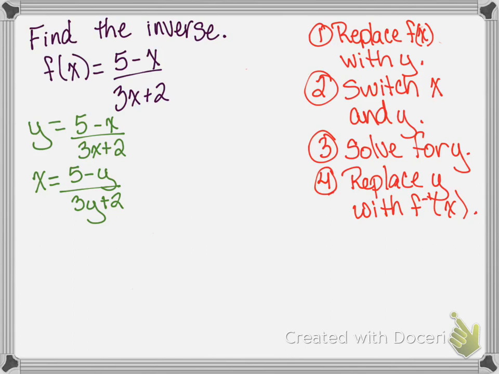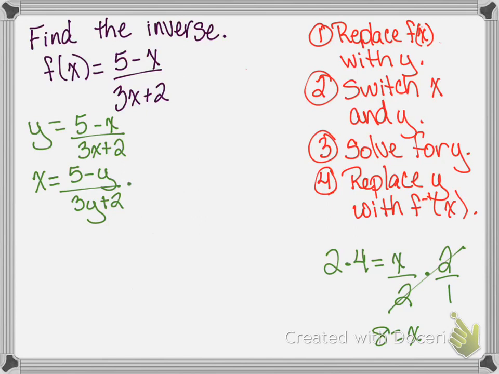Now, think back to when we were solving things like 4 equals x over 2. How would I get rid of that denominator? Multiply both sides by 2. So 2 over 1 times 2, and those simplify out, so I'm left with 8 equals x. That's what we're going to do here.